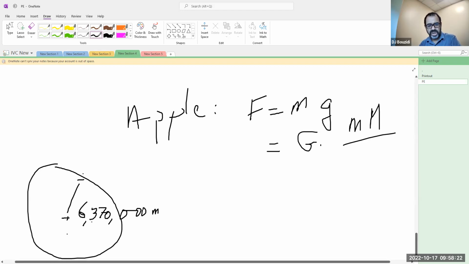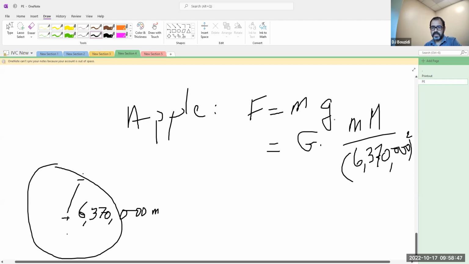And even 10 meters is nothing in front of 6,370,000 meters. So it's really nothing. So in this case, it's the radius of the earth, which is 6,370 kilometers, but I cannot use kilometers when I'm dealing with units like this one here. Squared.